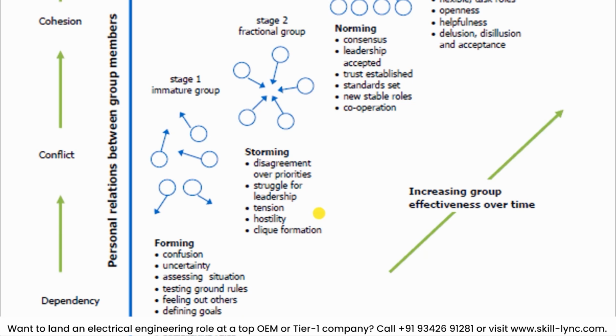Please bear in mind, this team leader will try to ascertain his leadership over the others, and the team members will also try to test his leadership capabilities. This kind of situation will lead to a lot of tension, hostility, and information withheld during this stage among the factions. Typically here, the personal relationship is more of a conflict situation.